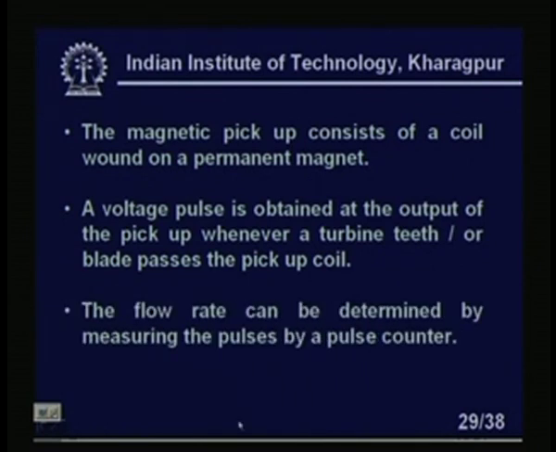As I told you, the flow rate can be determined by measuring the pulses with a pulse counter. Moreover, I can find the total volume if I count the number of pulses over a certain period of time. That is a great advantage of the turbine flow meter. That means the total volume of liquid flown over a certain period of time.